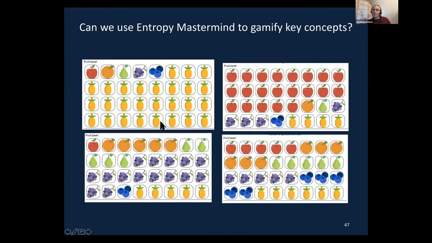But if I told you, here are 4 different fruit bowls that you could play the game with, and let's say I give you an endowment of 10 stickers and you have to pay me a sticker for every question that you ask trying to figure out the hidden fruit code. Which of these fruit bowls would you prefer to play the game with, to maximize on average the number of stickers that you get to keep?